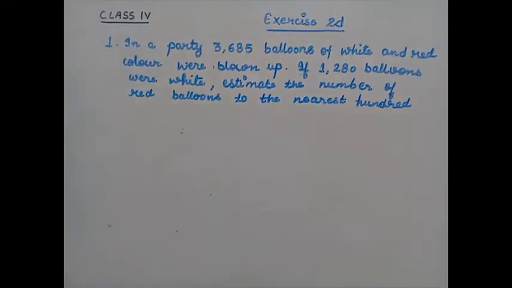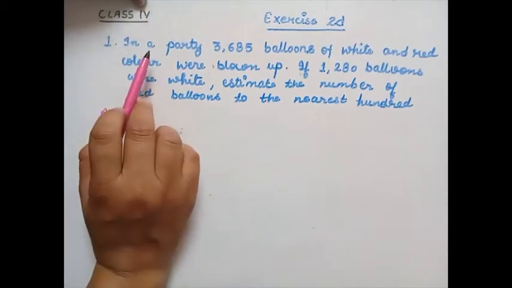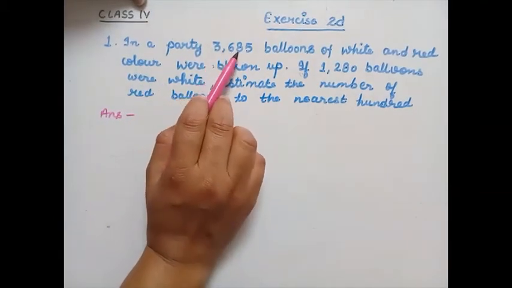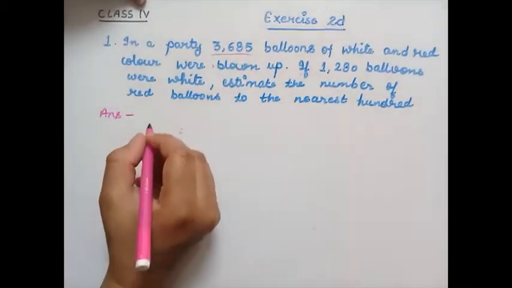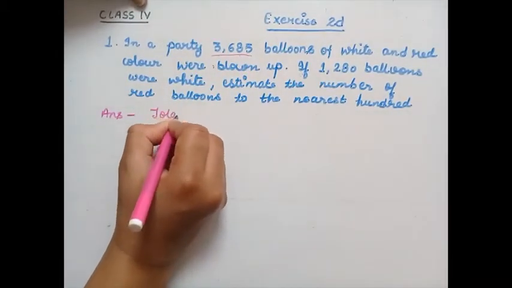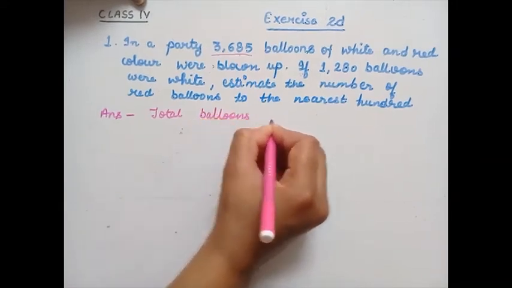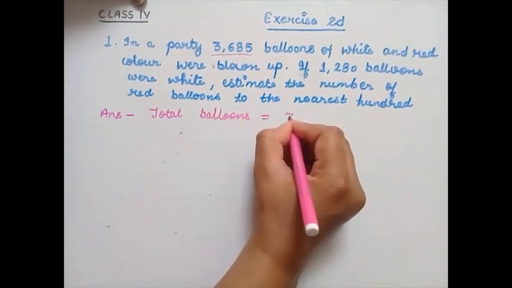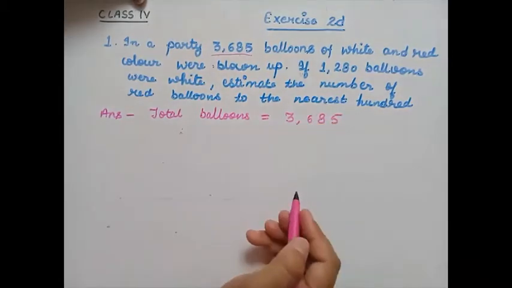So let's start our answer by writing the statements. In a party, 3685 balloons. These balloons are total balloons. So note down total balloons: 3685.